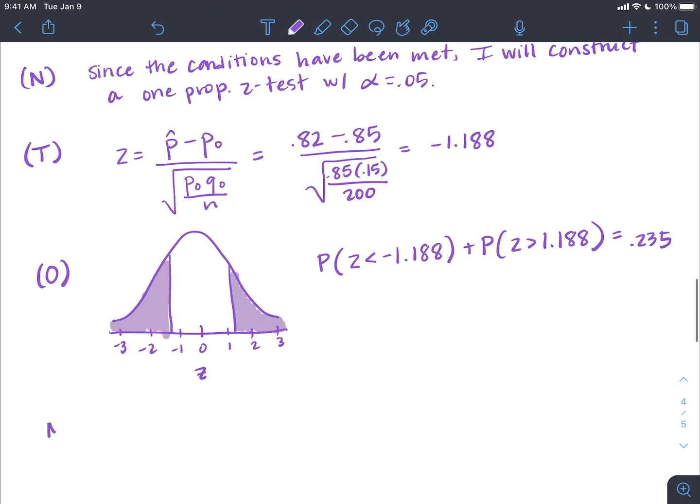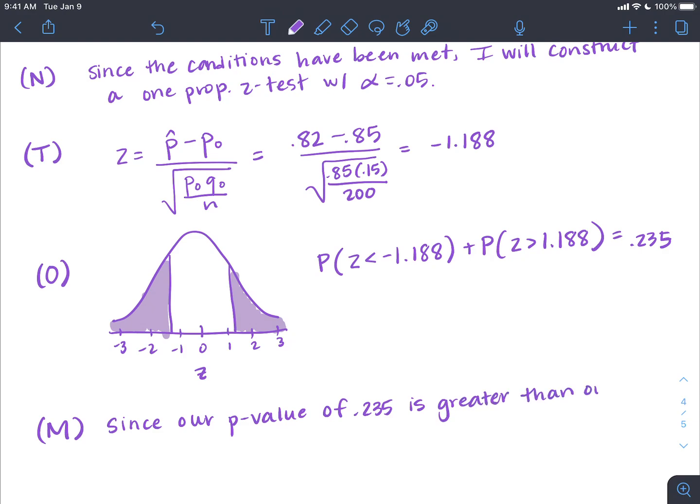And now we're to the final statement here. Since our p-value of 0.235 is obviously greater than our alpha of 0.05. Yeah, that's a pretty big shaded area there.